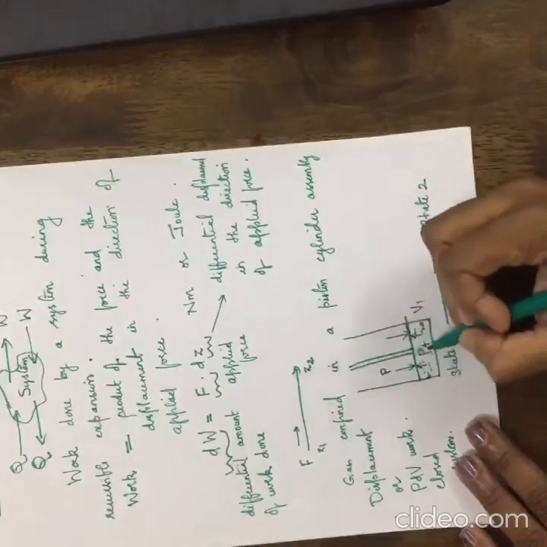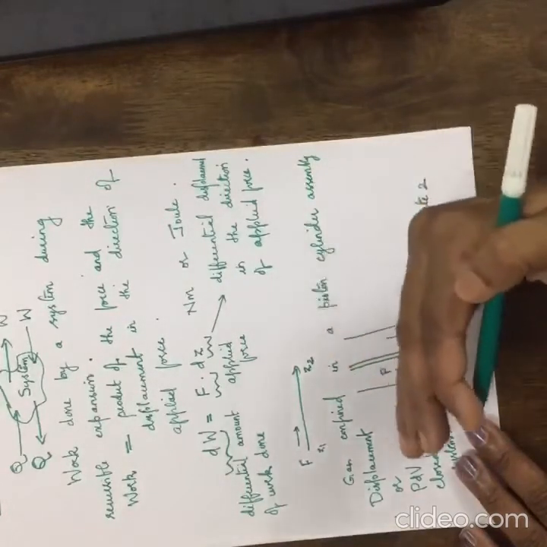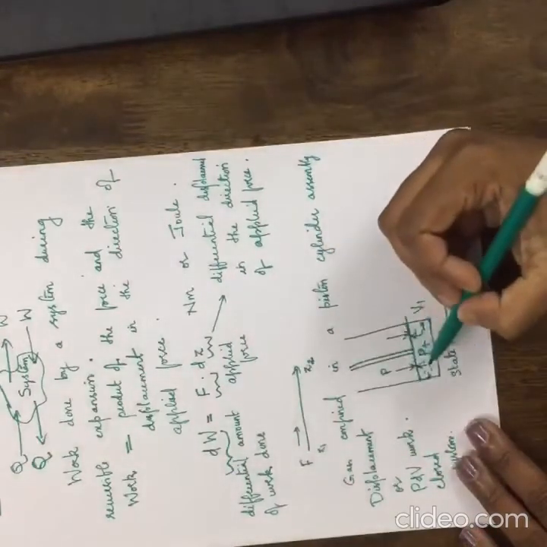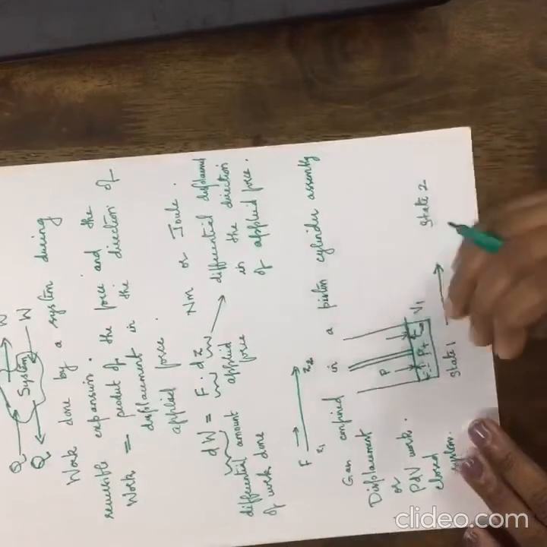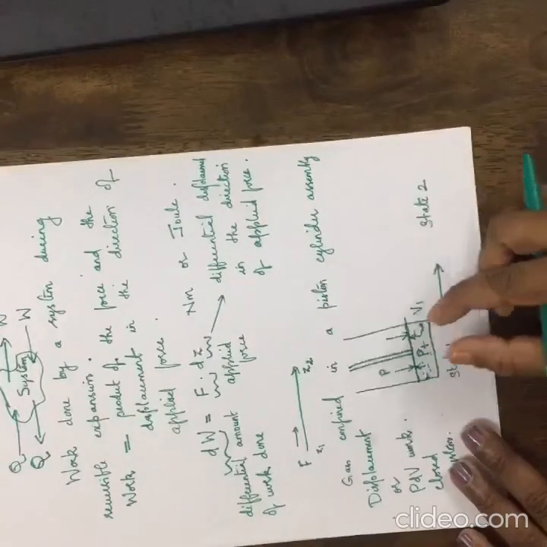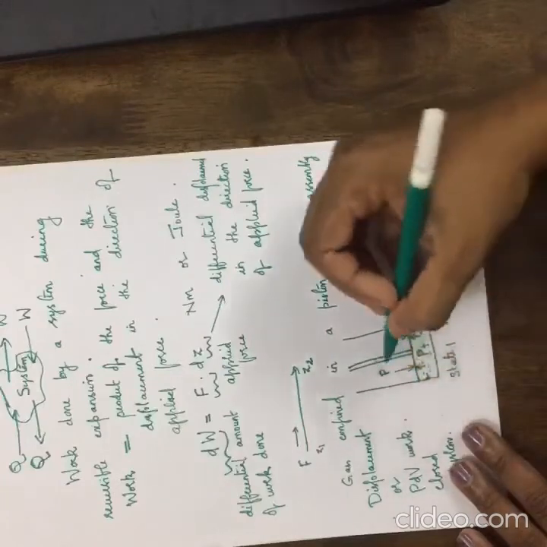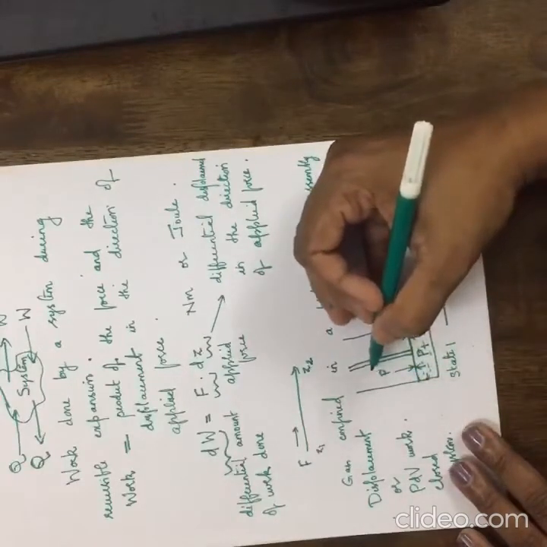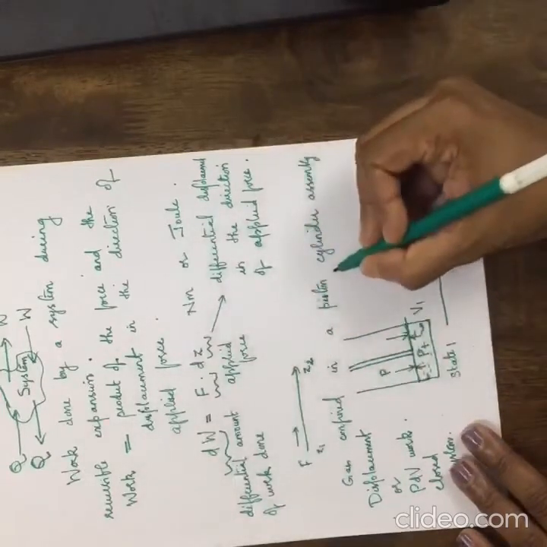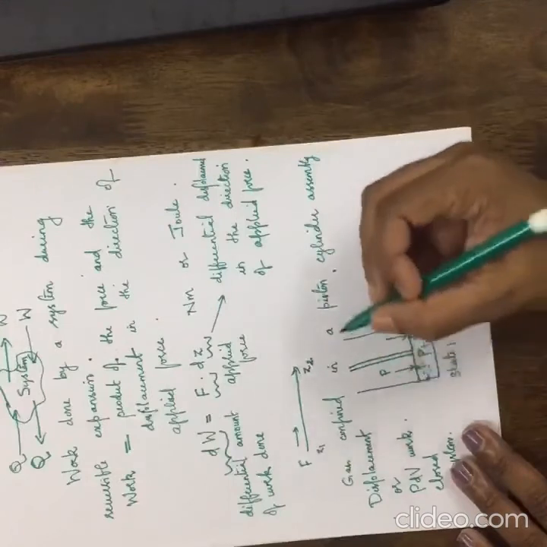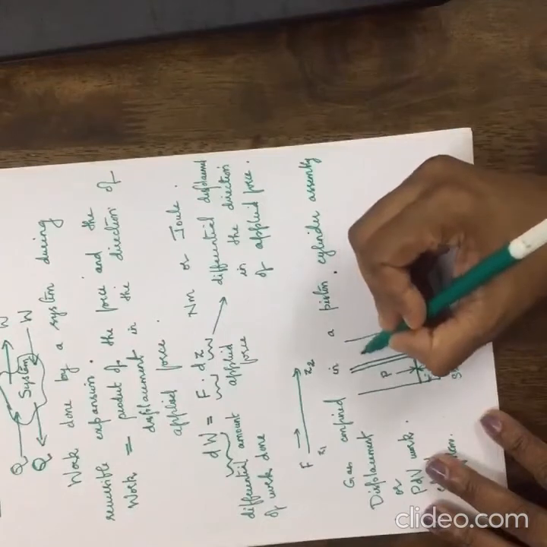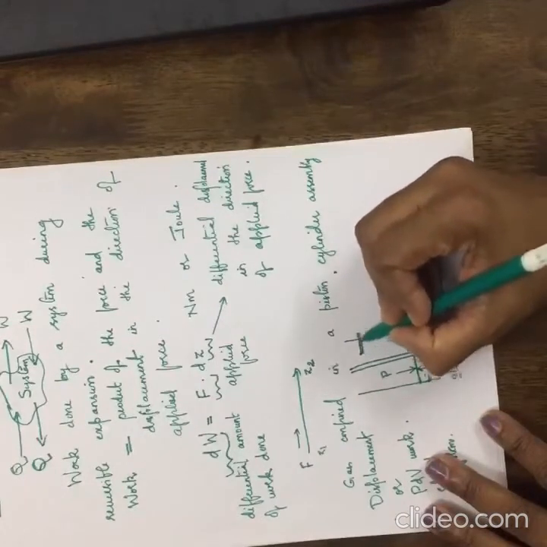The external pressure applied on the surface of the piston is continuously and slowly reduced to a new pressure P2, and the piston will rise up and take up a new position.